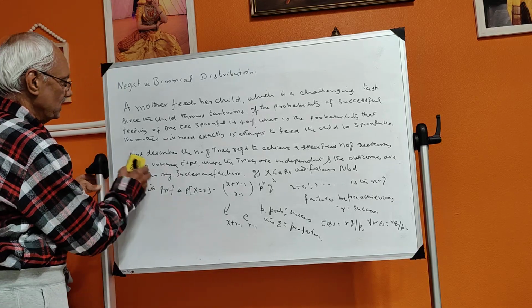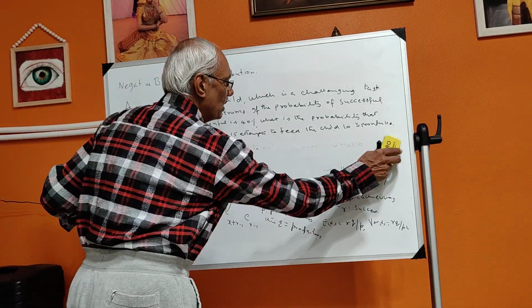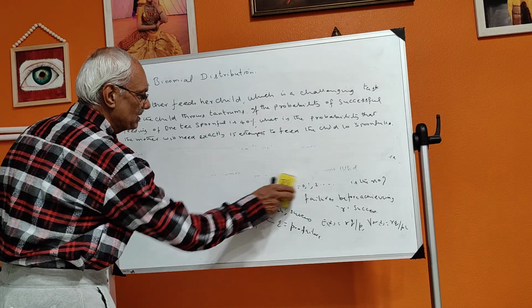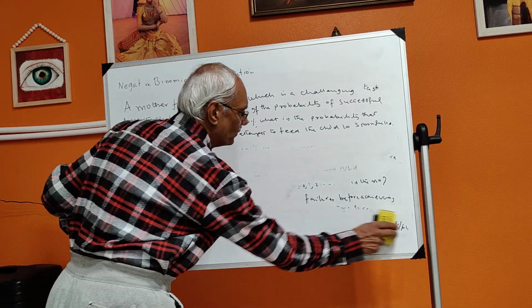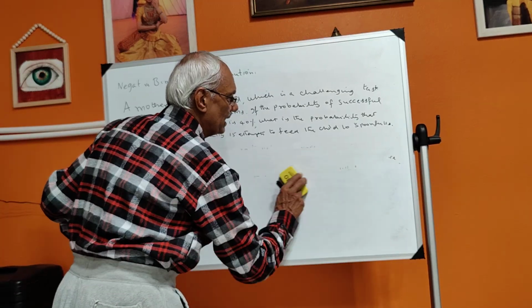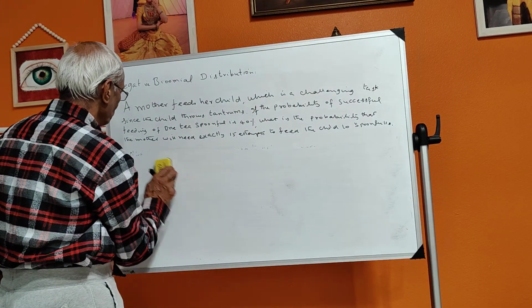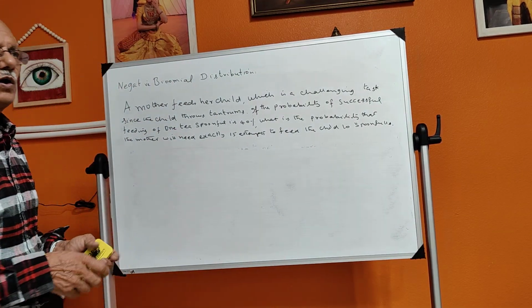Now, what are the things given here? The successful feeding of the child with 10 spoonfuls, that means r is equal to 10.